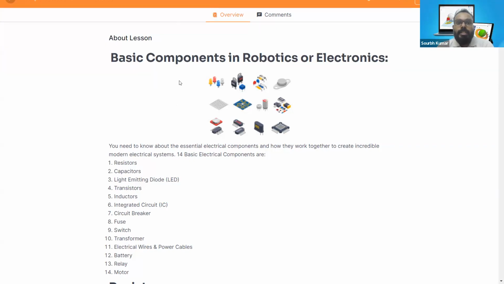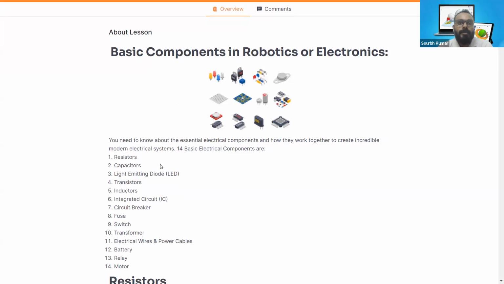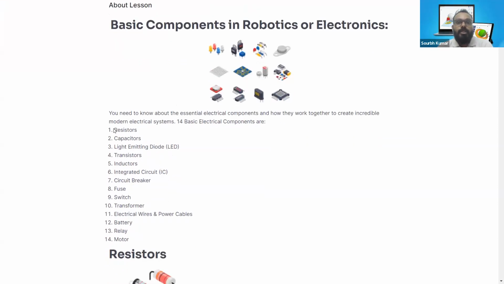But learning these components and their applications will help you further develop several projects out of nothing, like from scratch. The basic components of robotics we are going to use in this segment as well as in our classes are resistors, capacitors, light emitting diodes, transistors, inductors, integrated circuits, and circuit breakers.